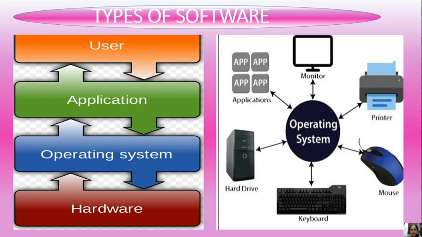If you have hardware, after that you can install the operating system, and after installation of the operating system you can install application software, and after that the user can use that application software. On the right side you can see the hardware, drive, keyboard, mouse, printer, monitor and applications. Applications means just application software, apps, other things. So these all work after installation of the operating system.